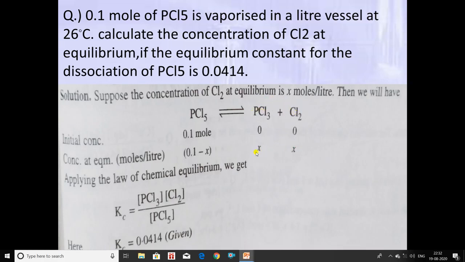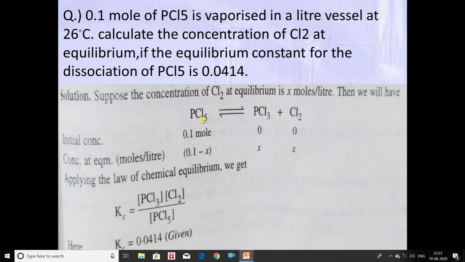That is why the concentration of PCl3 is x and Cl2 is also x. Now, if x moles of PCl3 and x moles of Cl2 are formed at equilibrium, how much PCl5 is left? Here you will subtract, 0.1 minus x. This is the amount left at equilibrium, so this will be the concentration of PCl5 at equilibrium point.